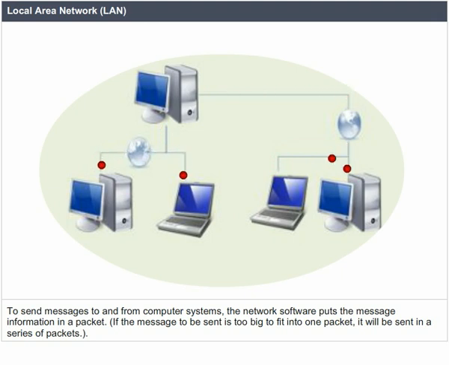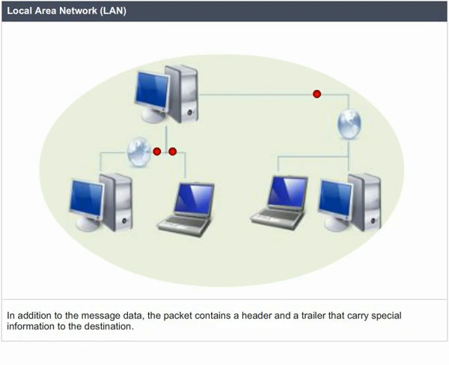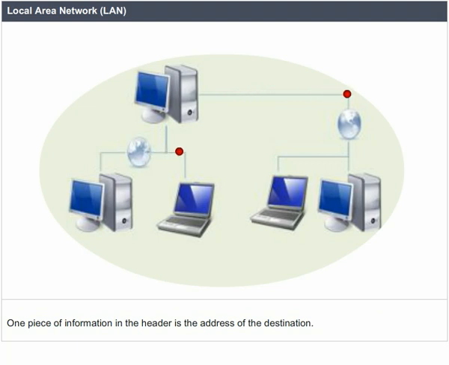If the message to be sent is too big to fit into one packet, it will be sent in a series of packets. In addition to the message data, the packet contains a header and a trailer that carry special information to the destination. One piece of information in the header is the address of the destination.